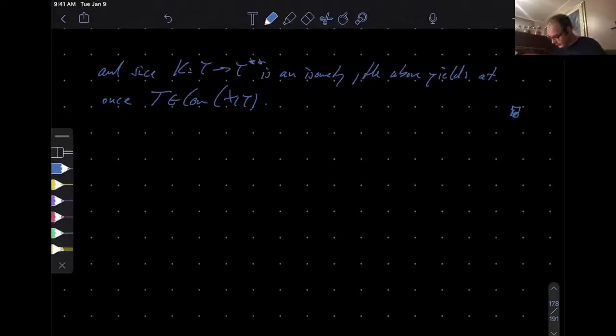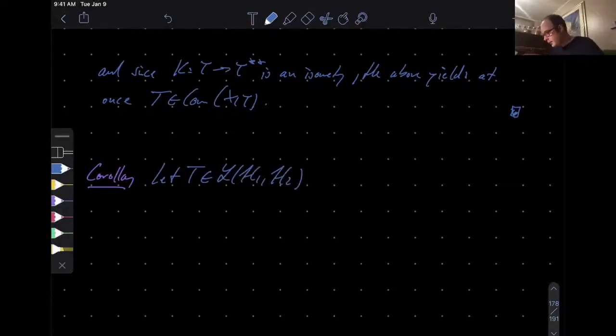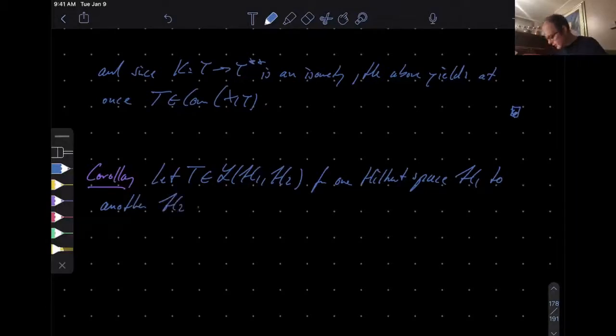All right, good. Now we have one important corollary of all this, and that's the one for the adjoints. So if you are in a Hilbert space and you have bounded linear transformations from one Hilbert space H1 to another H2, then the following statement is true: T is compact if and only if the adjoint is compact.